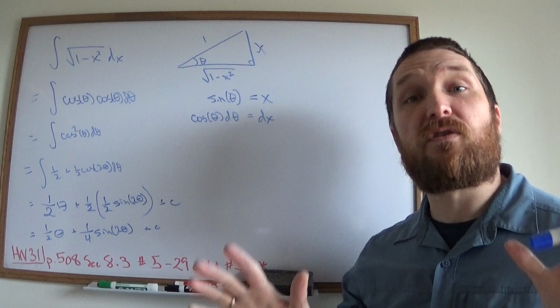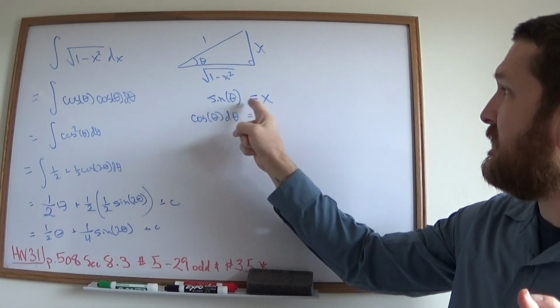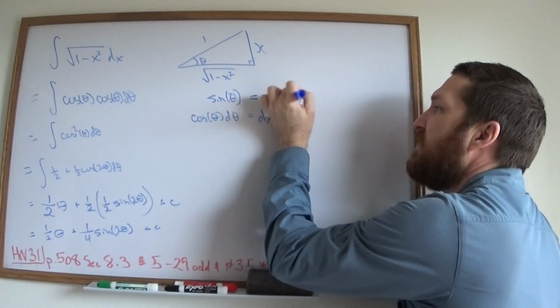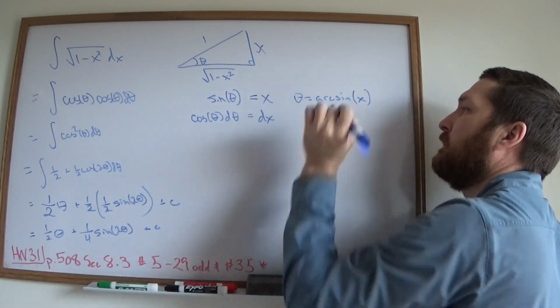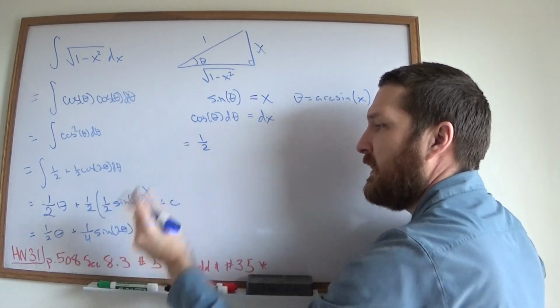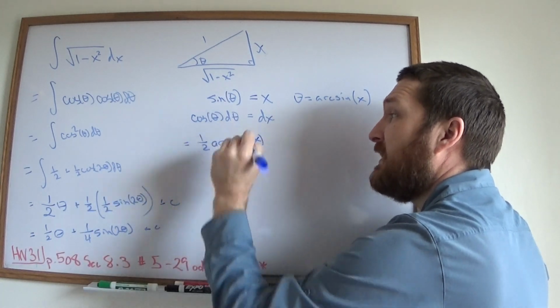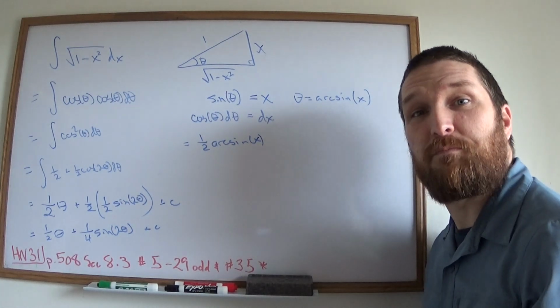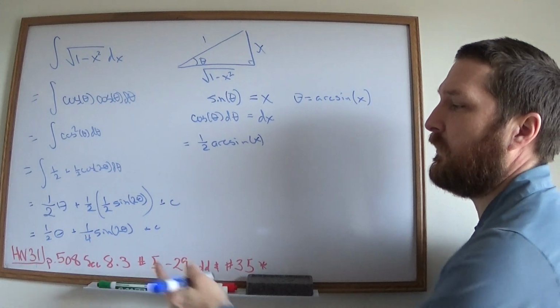I'm not going to tell you what the book's way is yet. I'm just going to do it my way and say, well, if sine theta equals x, then theta is equal to arc sine x. So I'm going to replace that theta with arc sine x. Interesting that it does involve arc sine, but it's not just arc sine or 1 over arc sine, but it does show up there. That's kind of cool.